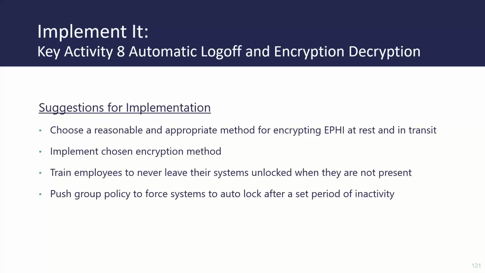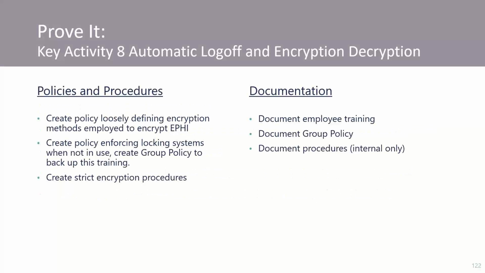Implement the chosen encryption method, train employees to never leave their systems unlocked when they are not present, and push group policies to force systems to auto-lock after the inactivity, which we talked about with the automatic log-off. Document employee training, document group policies, and document procedures. We do the training on the encryption.